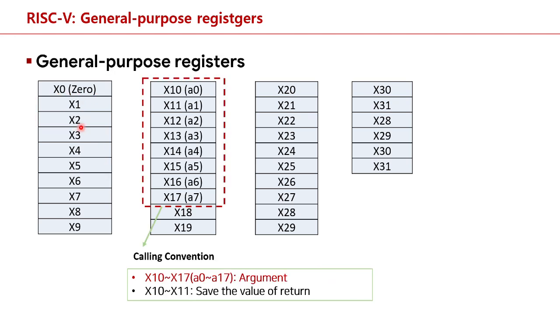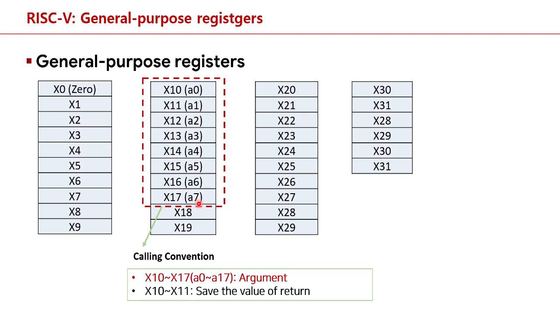Another important set of registers is A0 to A7. As you know, a function has two or more parameters. Those parameters can be passed using the A0 to A7 registers. Let's suppose that a particular function has two parameters.